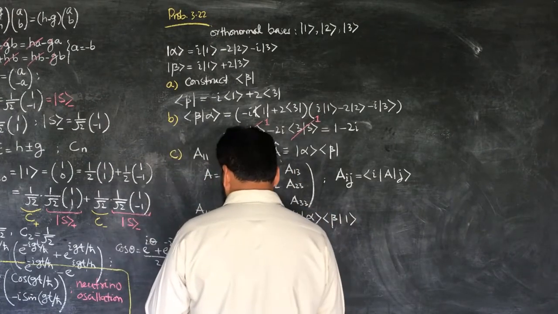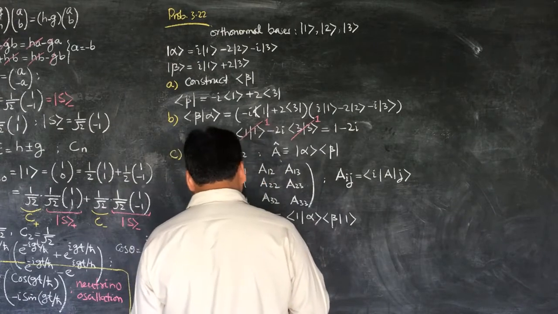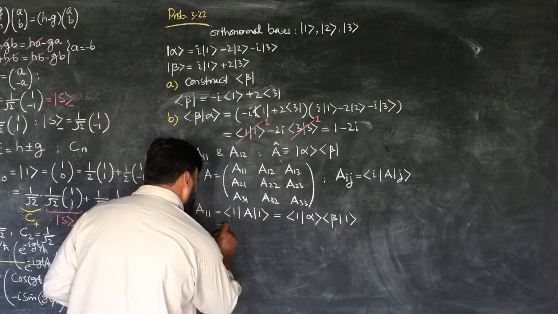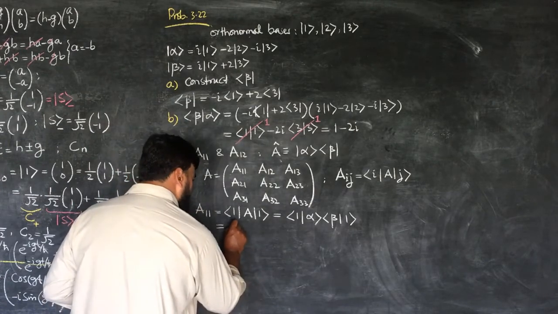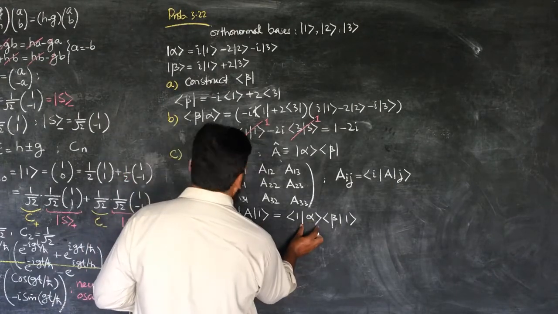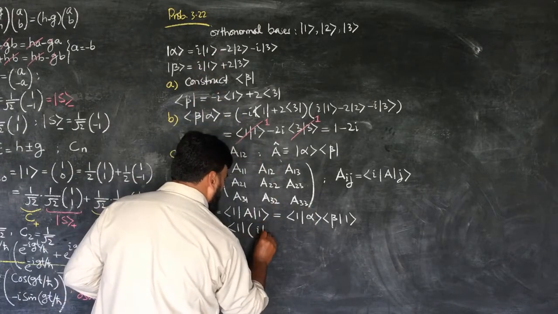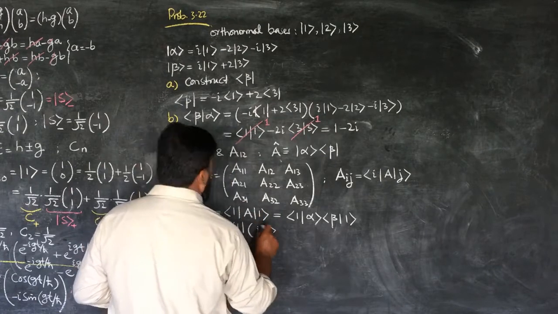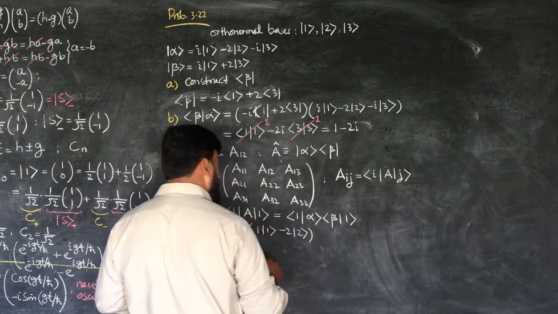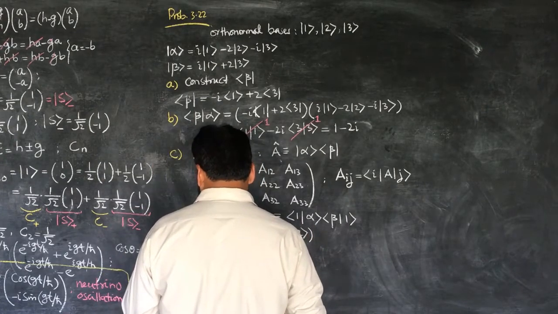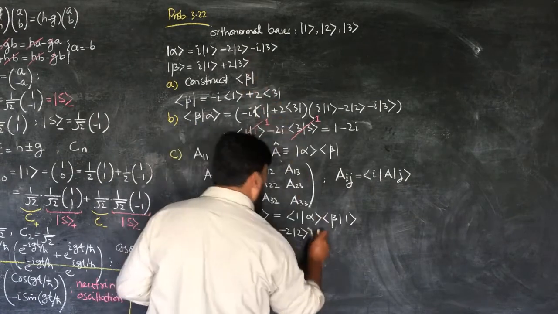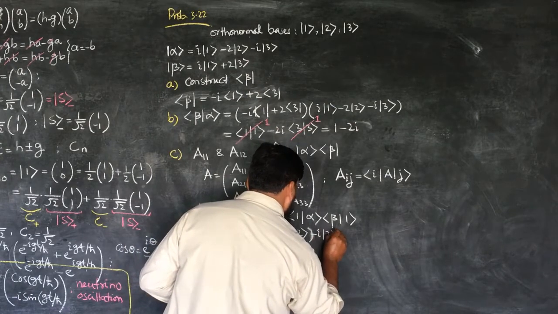So this one I will have to calculate, and this is equal to, first put the value <1| here, and then alpha in this form: i|1> and minus 2|2>, and then for alpha, remaining minus i|3>.